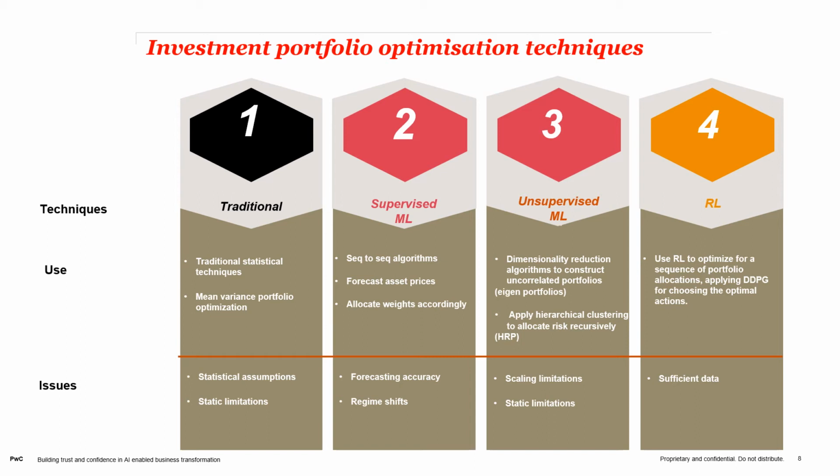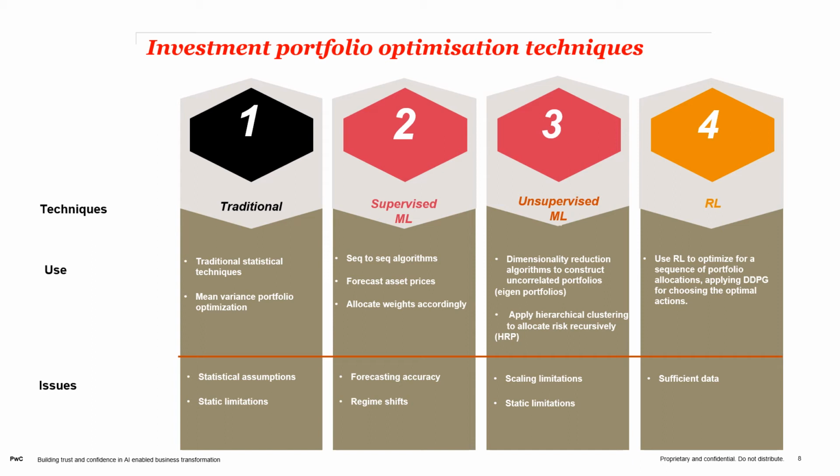In supervised machine learning, of course, one application is forecasting using sequence-to-sequence algorithms like LSTM and recurrent neural networks. One approach has been to use these techniques to forecast asset prices and then allocate the weights accordingly. However, the issue there is, of course, the forecasting accuracy.